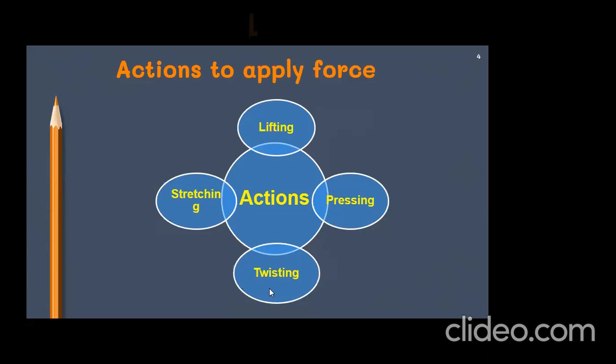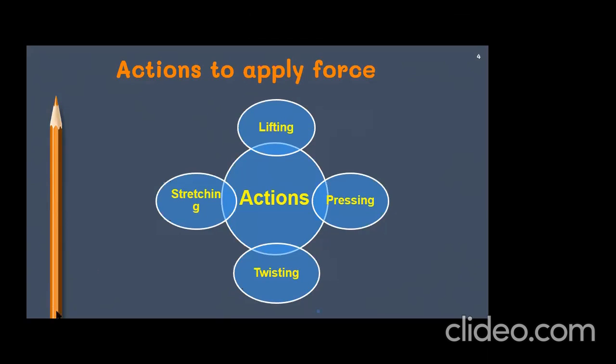Pressing a duster, good. Good, Miram, Omar. Yes, Yusera, the weight lifter is lifting the weight, excellent. And what about stretching the hairband? Girls, when they tie their hair with the hairband, they twist it, they stretch it. Stretching a rubber band, stretching a hairband.